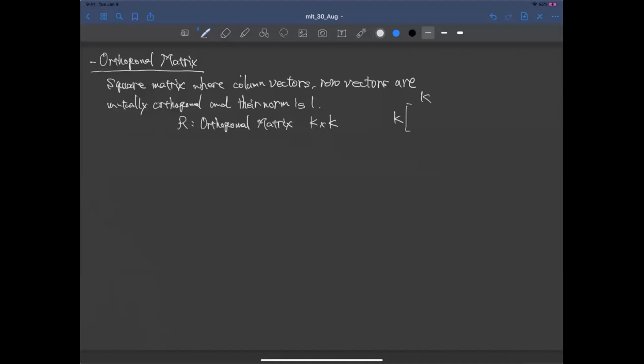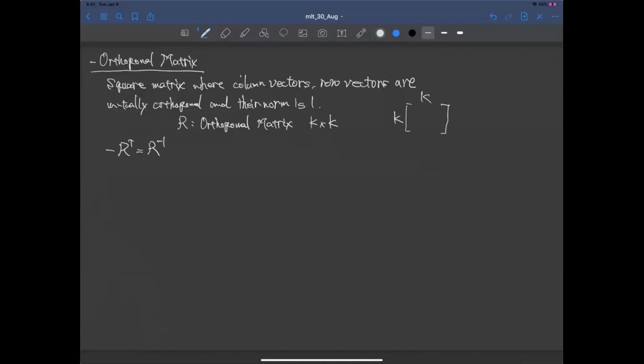Then the first property is that the transpose of an orthogonal matrix equals the inverse matrix of the orthogonal matrix.